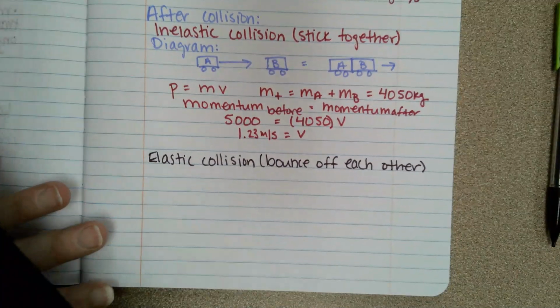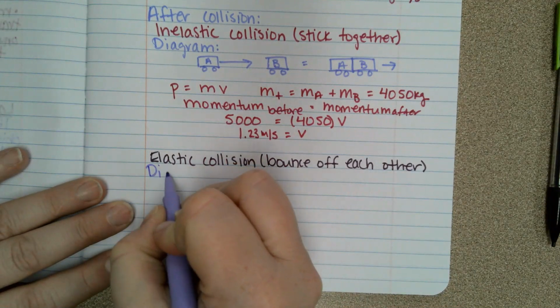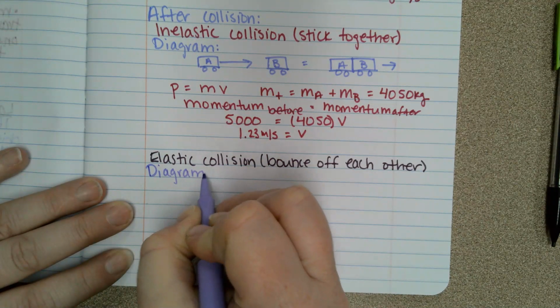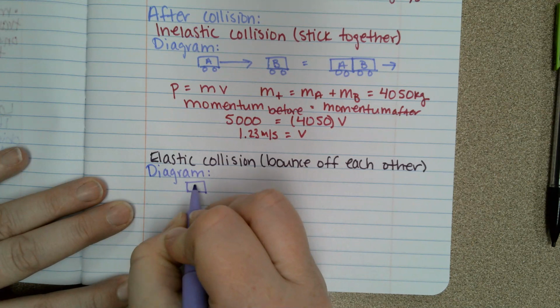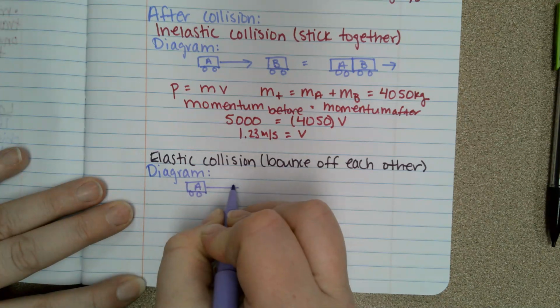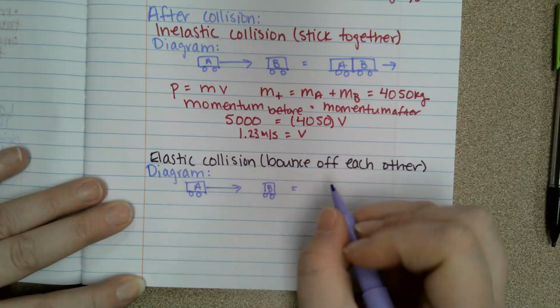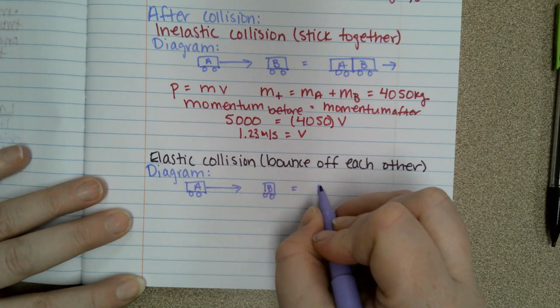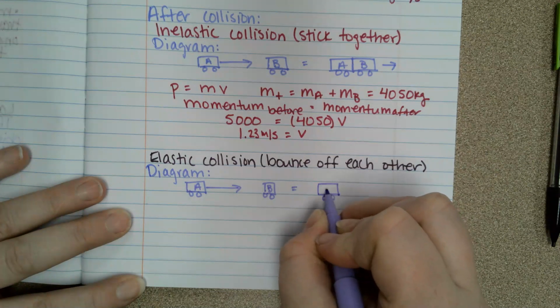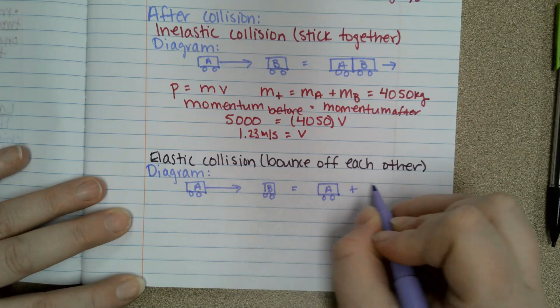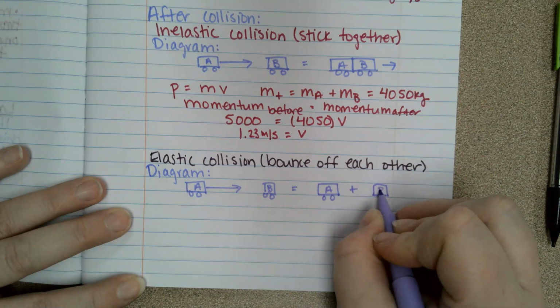If we look at our diagram, it's still the same before. We still have A moving, B is not. And then afterwards, A would not be moving, because A would transfer all of its momentum, and then B would be moving.